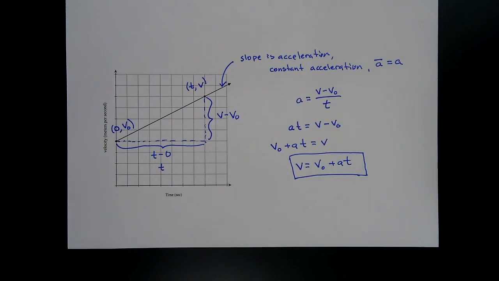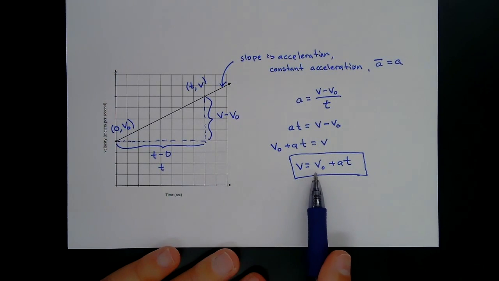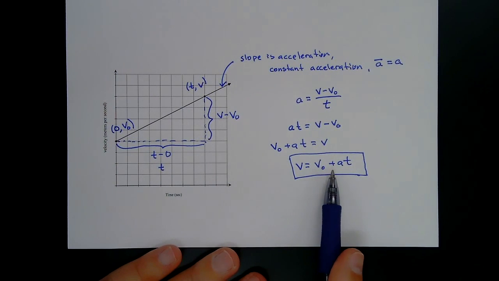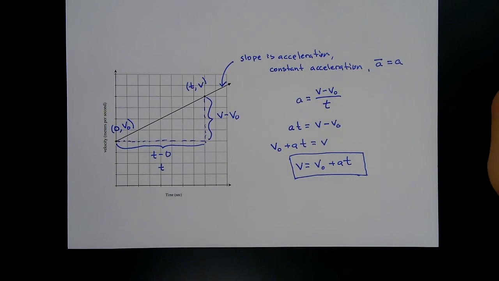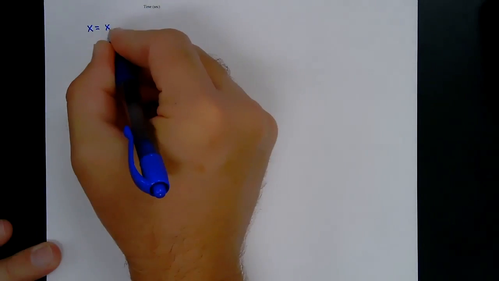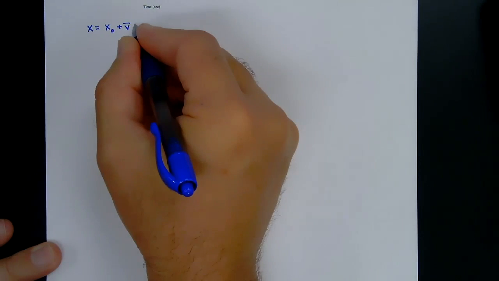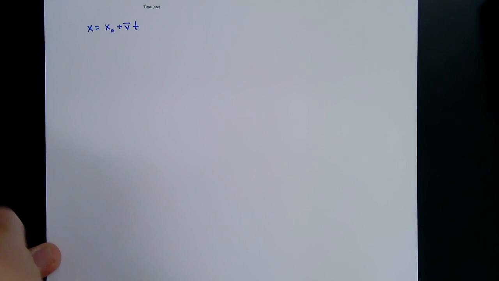So we have the final position is the initial position plus the average velocity times time. The final velocity is equal to the original velocity plus the acceleration times time. So I know that x is equal to x sub o plus the average velocity times time.